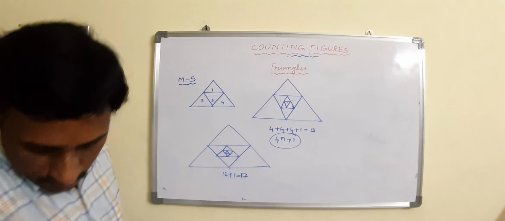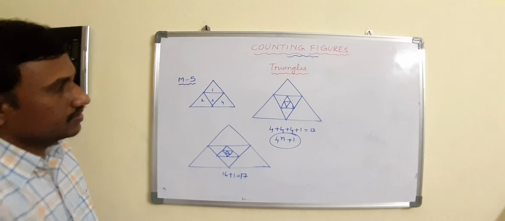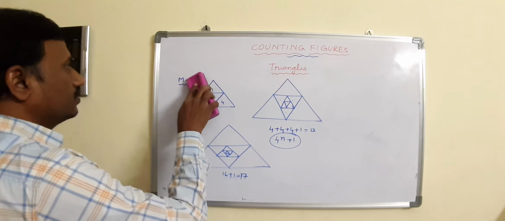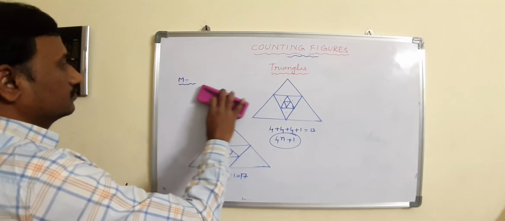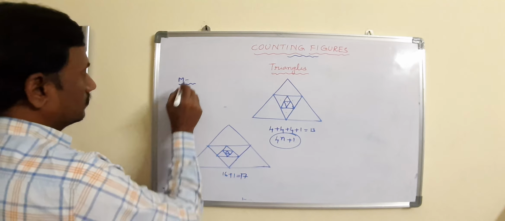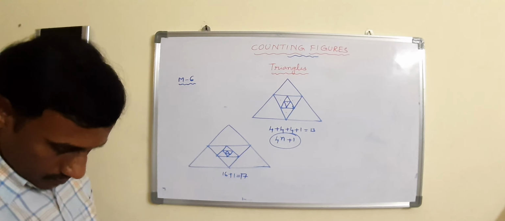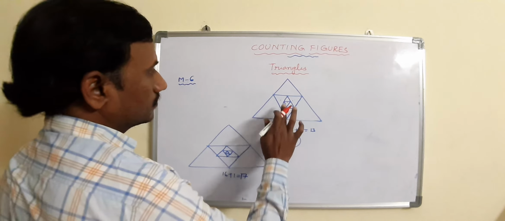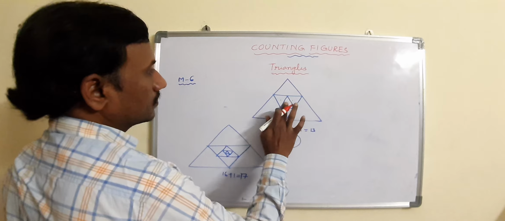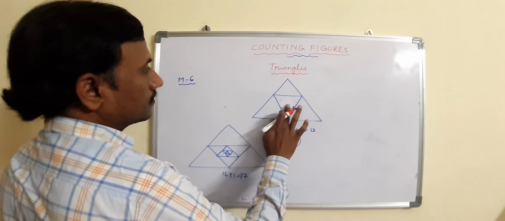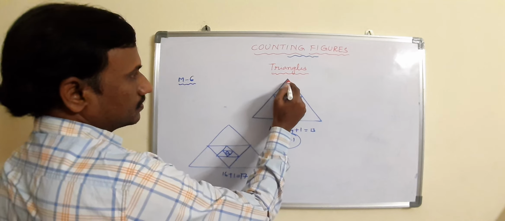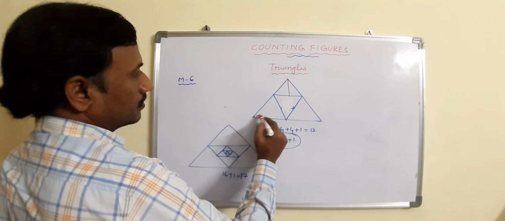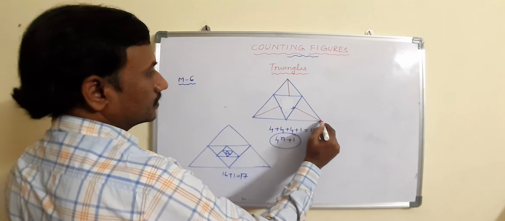And the sixth model is a small modification to this one. Here they will give the partition like this. After this they will give lines like this, here, here, and like this.